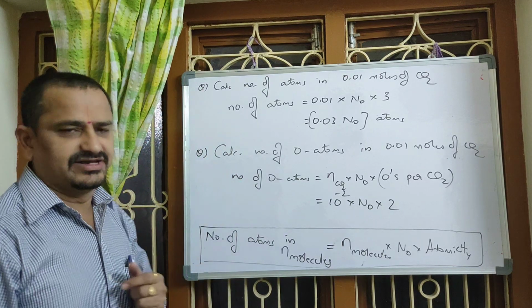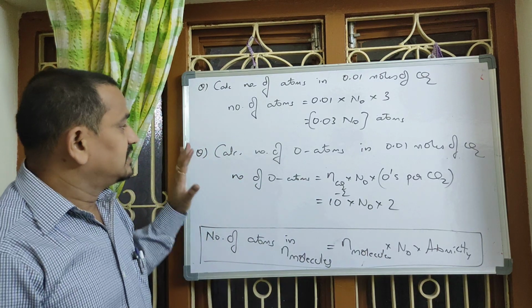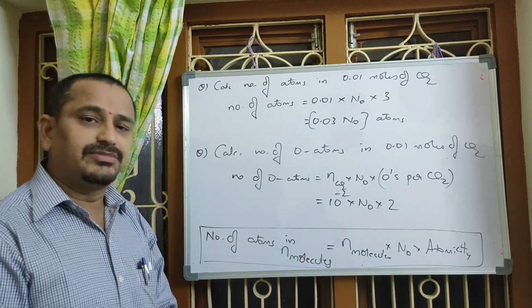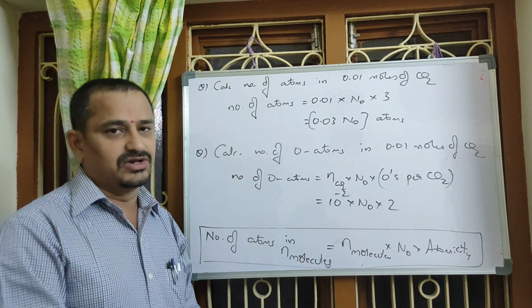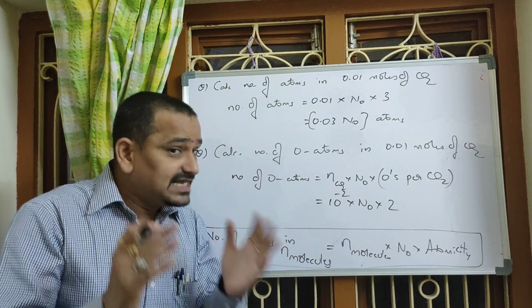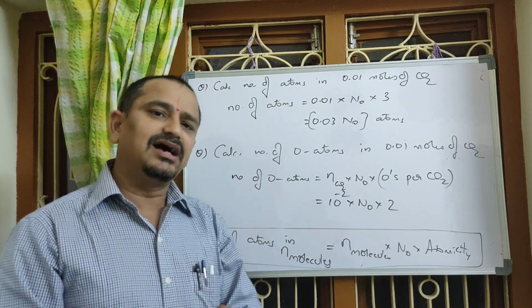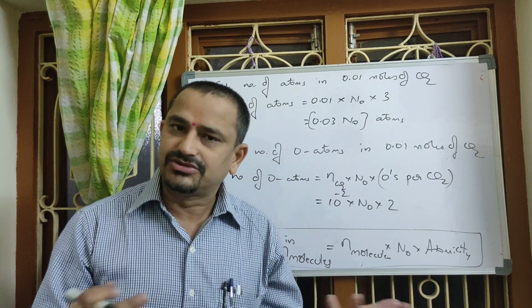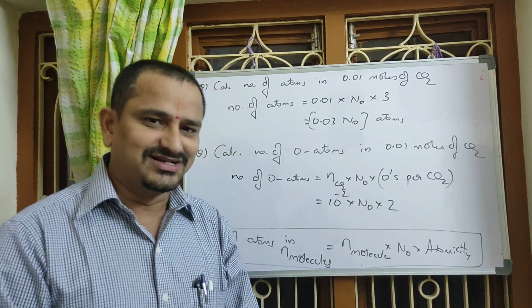Right. We have to simplify that. So this is one model, calculation of number of atoms when number of moles of molecules are given. The same way, sometimes they may ask us to find number of particles like electrons, protons, neutrons, etc. Let us see that model, right?